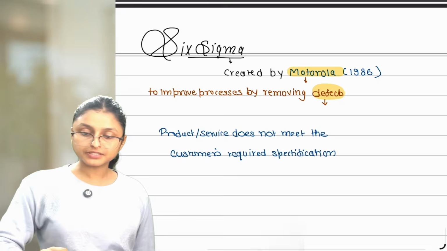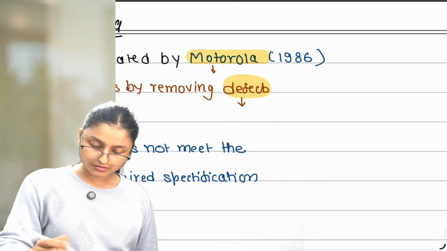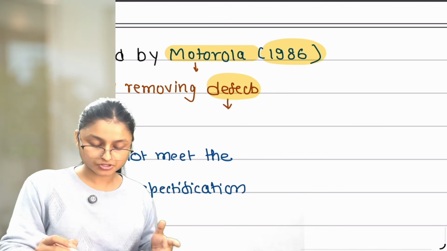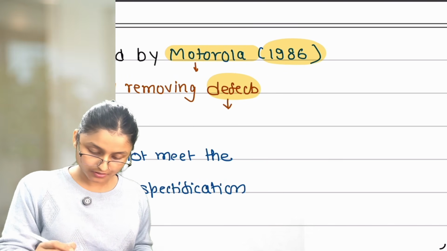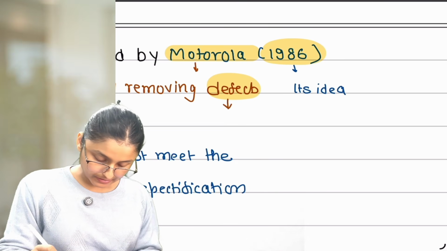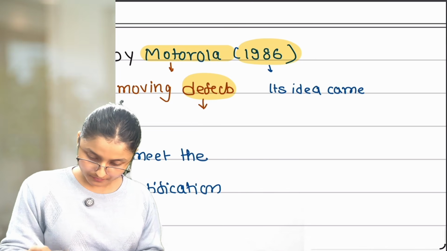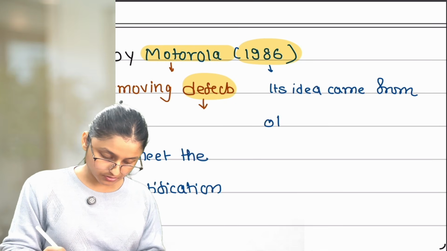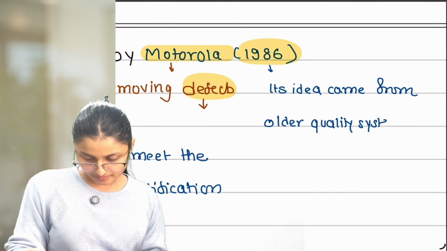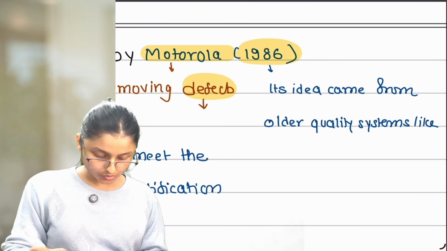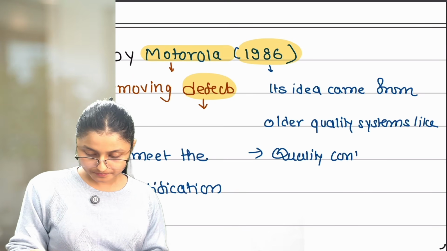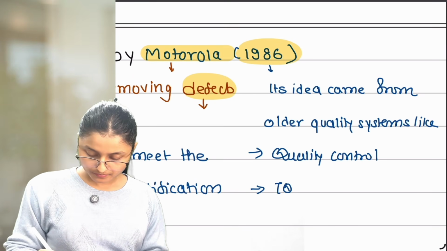This Six Sigma was developed in 1986, but it was developed on the previously available ideas or quality measures which were used by the organizations, right? So, its idea came from older quality systems like quality control, TQM, zero defects.